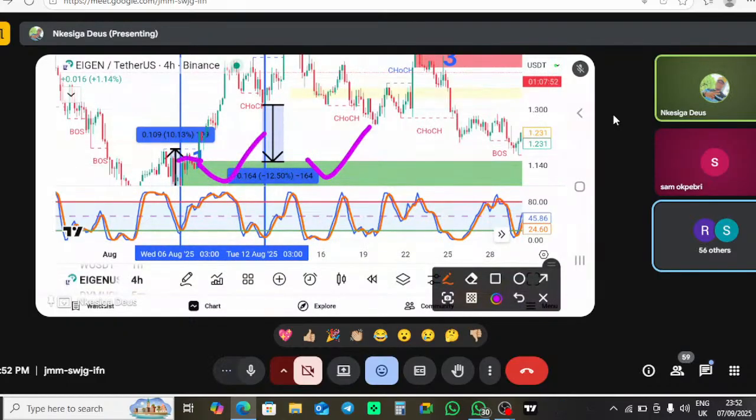It was created here. Can we identify that? That is where the block was created from. But the stochastic here is coming from the oversold region and telling us to buy. Are we together?